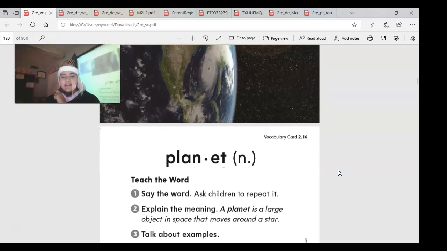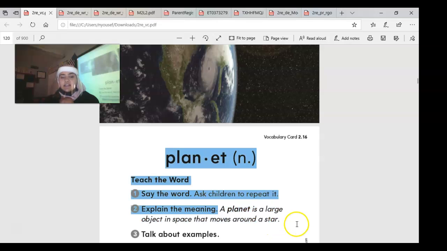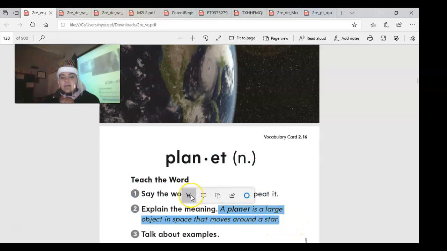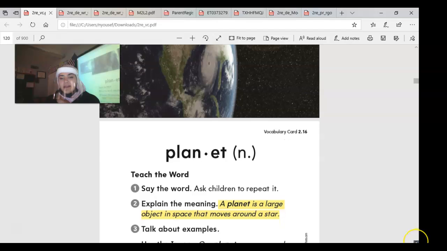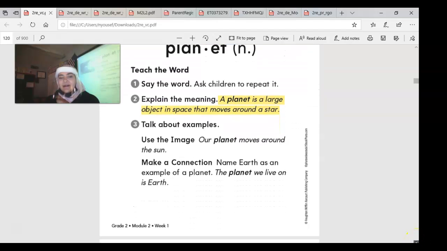A planet is actually a large object in space that moves around a star. So a planet is a large object in space that moves around a star. Okay, if you need some time to write this down, go ahead and pause the video now.